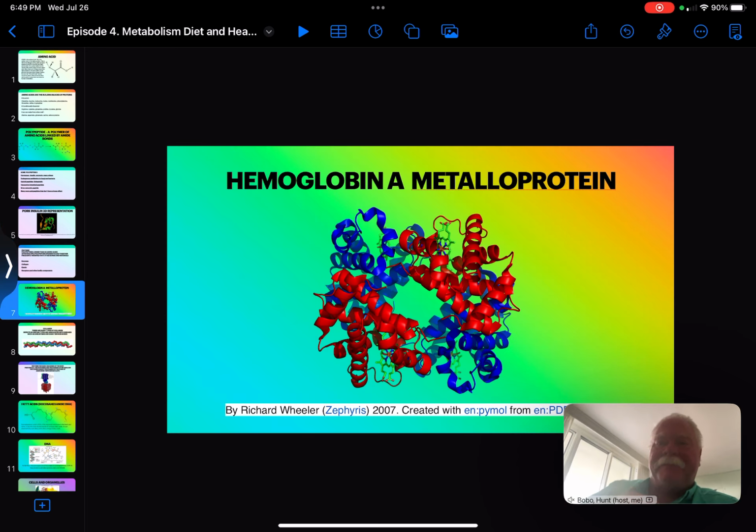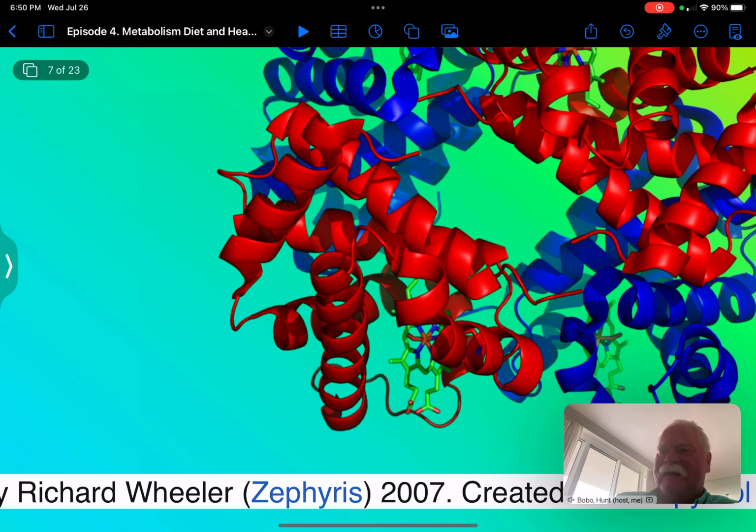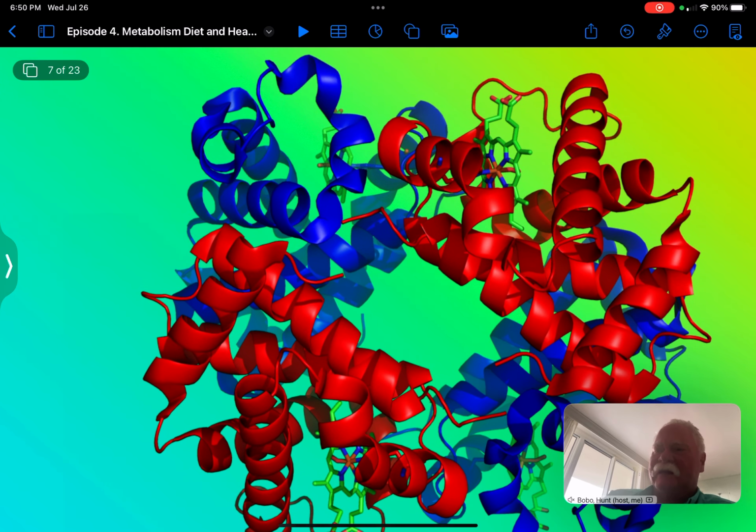And this is a three-dimensional picture in 2D of hemoglobin, which has iron in it. It's got 2 alpha and 2 beta strands, so it's got 4 long polypeptides with this heme ring right down there, the little flat thing, kind of a flat planar ring like cholesterol.